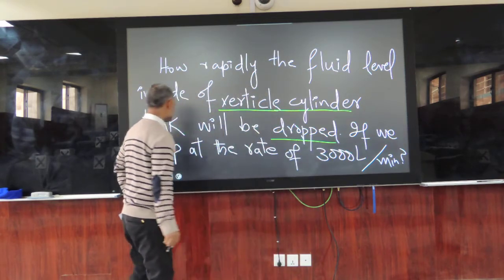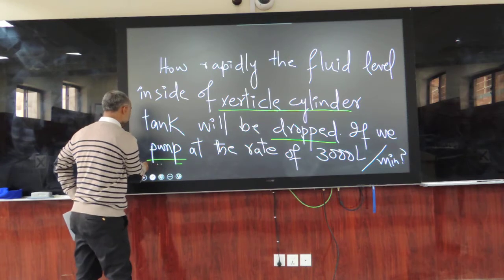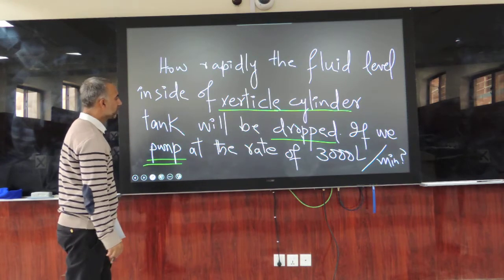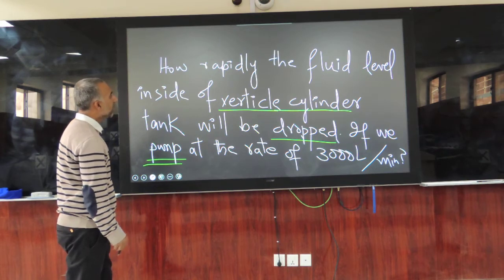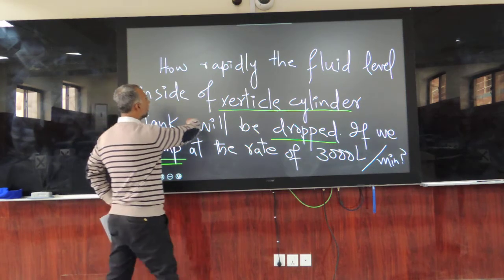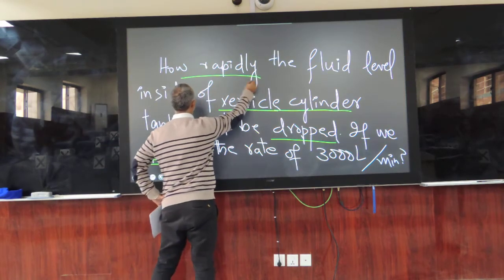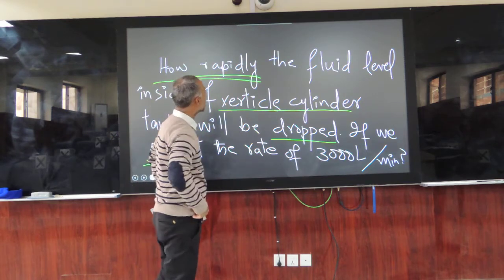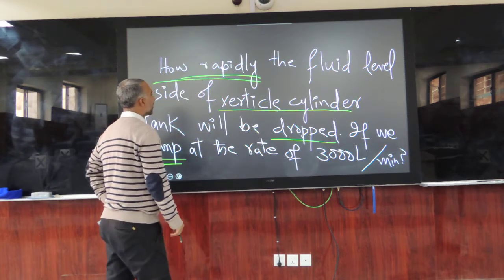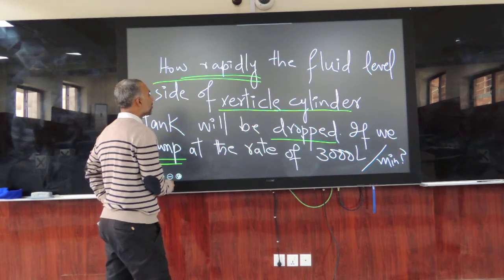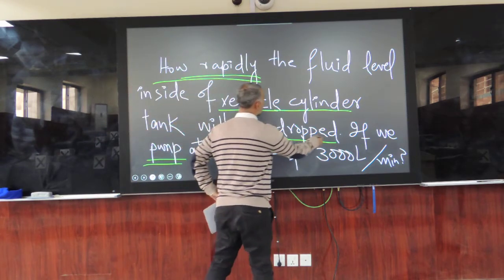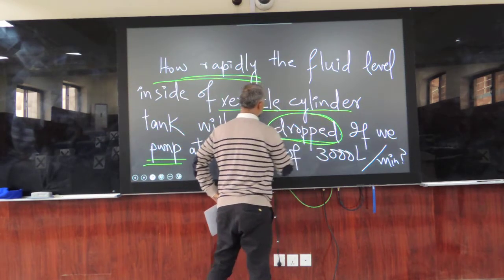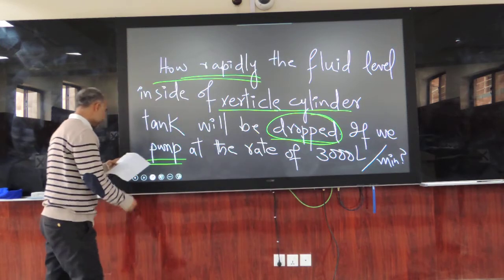And if we pump at the rate of 3000 liters per minute, how rapidly will the fluid level inside the vertical cylinder tank drop? That is the question statement. Here the concept of drop means decrease.